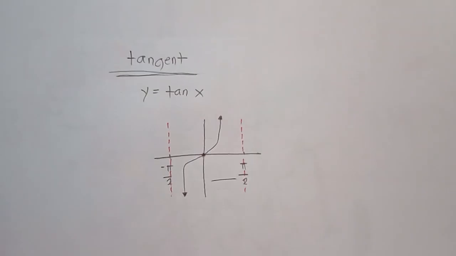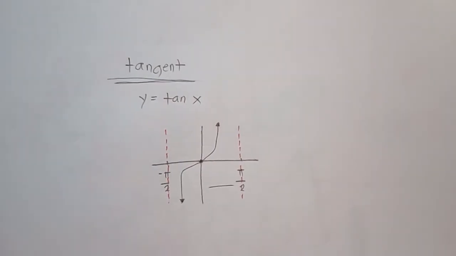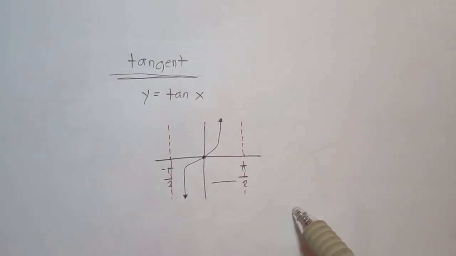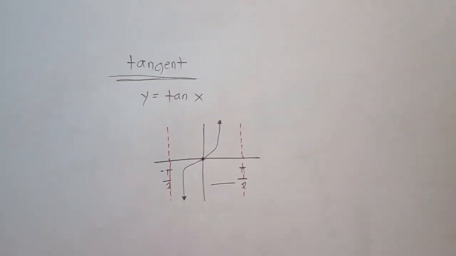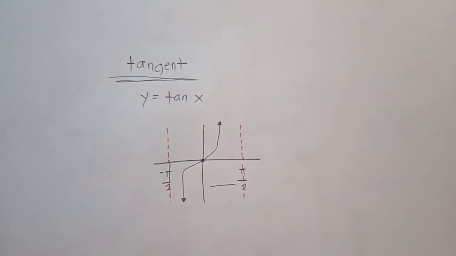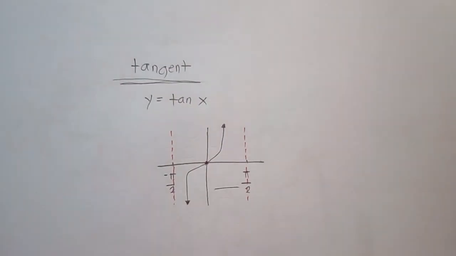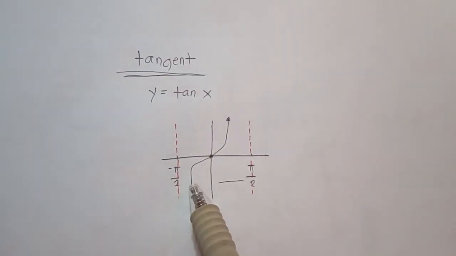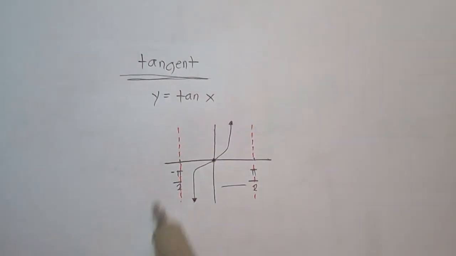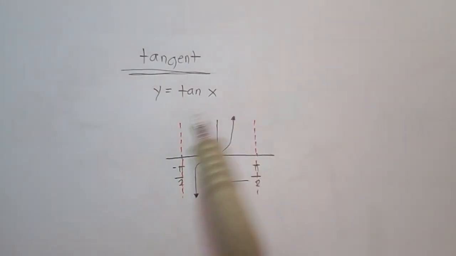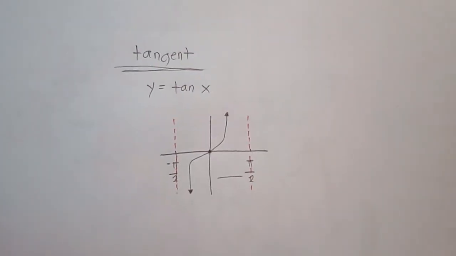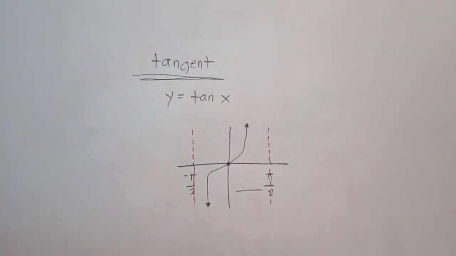Notice that the period is pi over 1, so it's pi. If you subtract negative pi over 2 from pi over 2, you're going to get pi. Tangent of 0 is 0, and it's an increasing function which looks like this, positive here and negative here. That's a rough sketch of the tangent function.